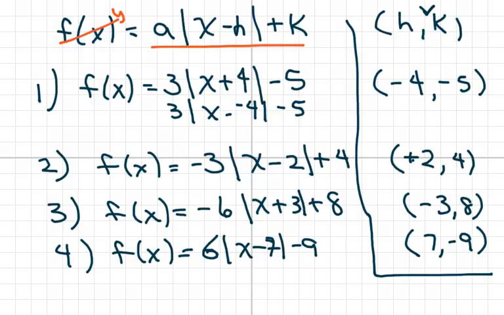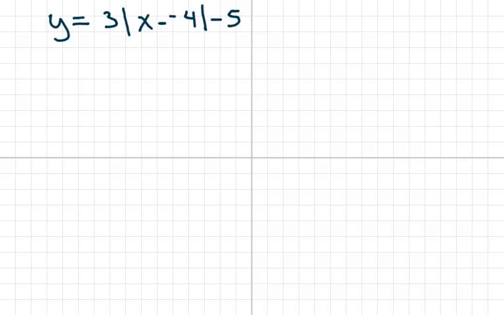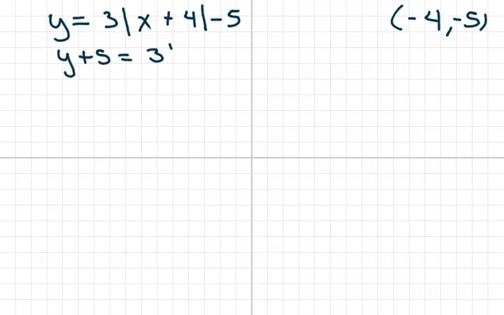One more little note on this. Let's say I had, I'm going to write this as y this time, y equals 3 times the absolute value of x minus a negative 4, minus 5. The vertex is going to be (-4, -5). Technically, we could write this as y plus 5 equals 3 times the absolute value of x plus 4.